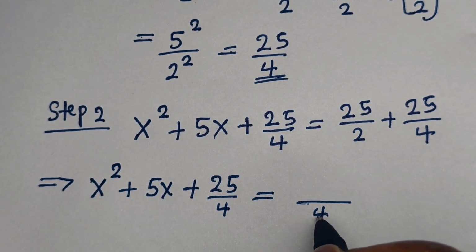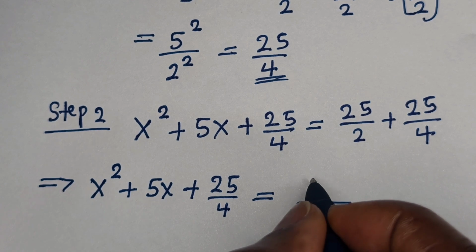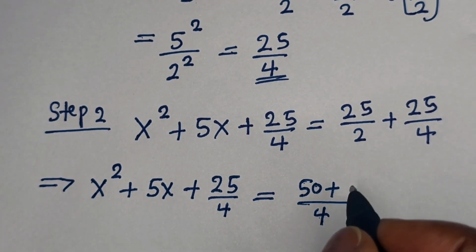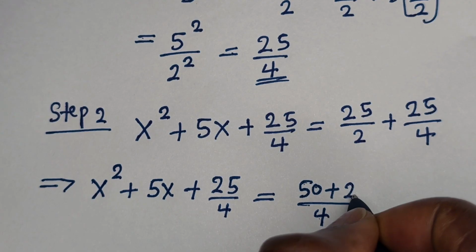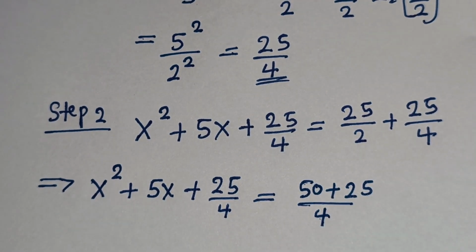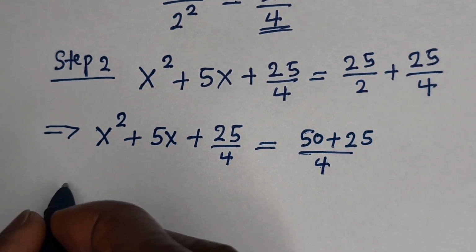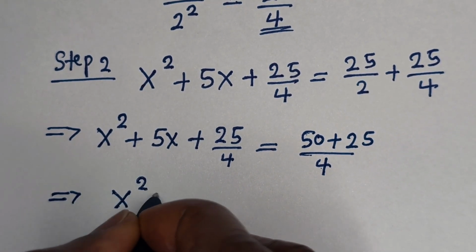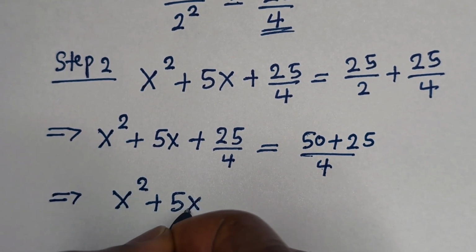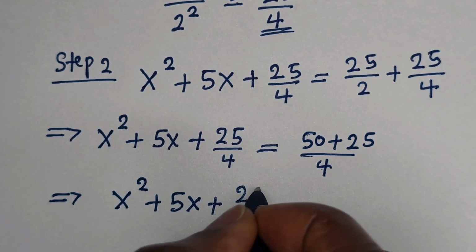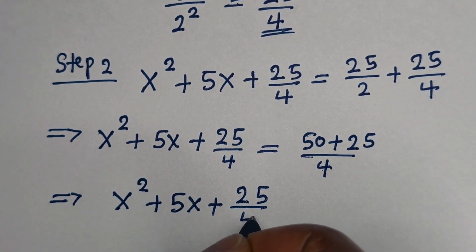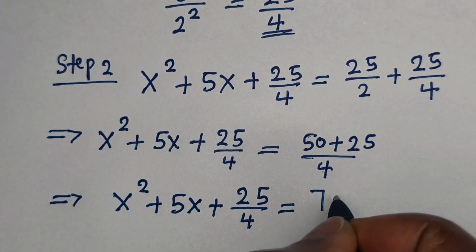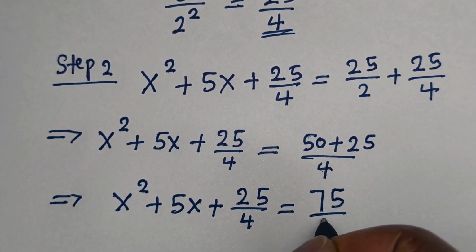Then 2 in 4, 2 times 25, that is 50, plus 4 in 4, 1 times 25, that is 25. x squared plus 5x plus 25 over 4 is equal to 50 plus 25, that is 75 over 4.